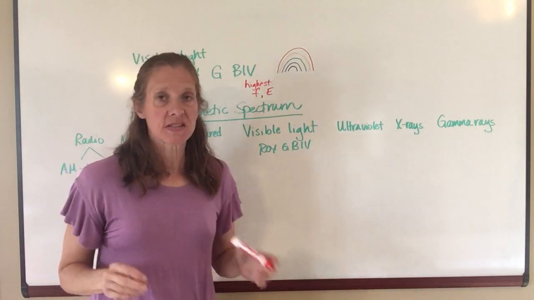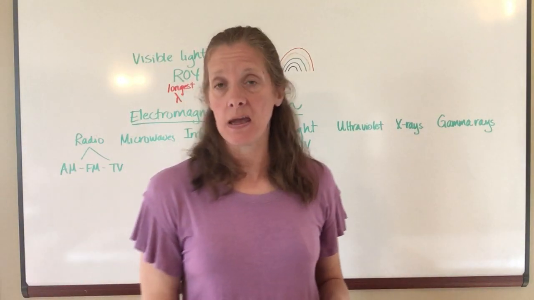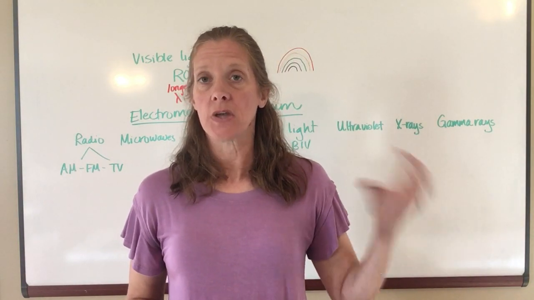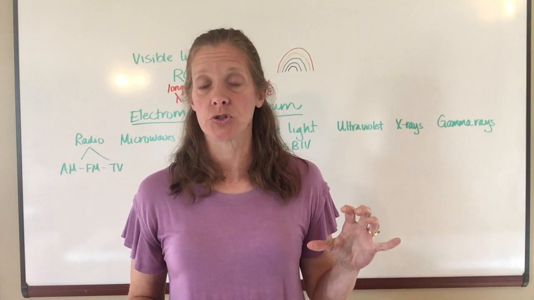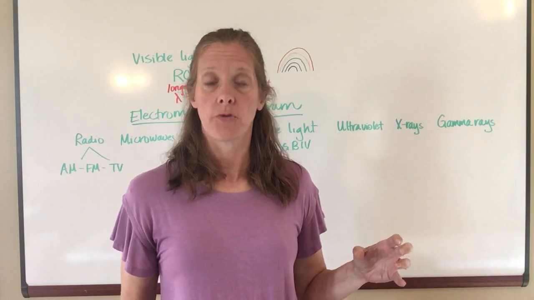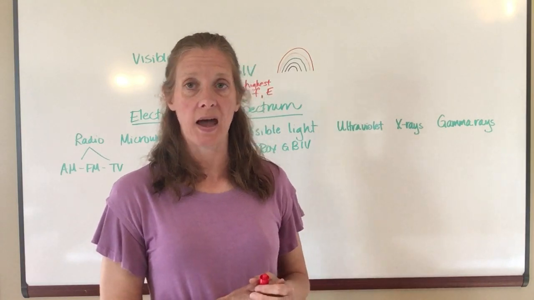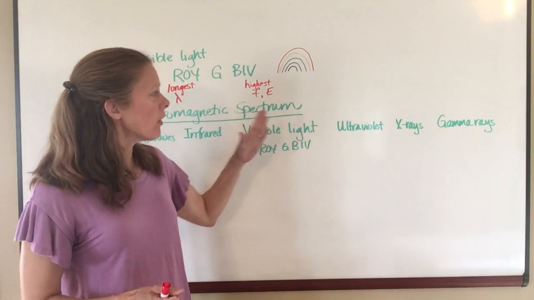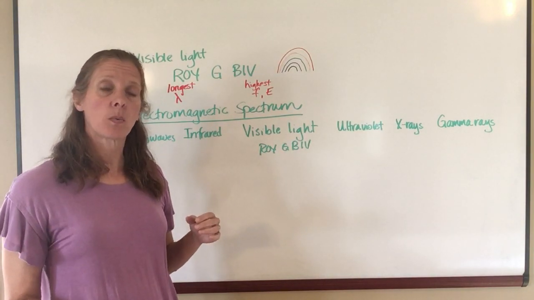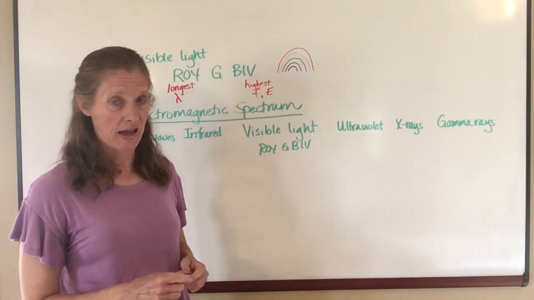Because just like there are sound waves that we cannot hear, like remember we talked about the infrasonic waves and the ultrasonic waves that we are not able to hear because their frequencies are either too low or too high for our ears to be able to detect. There are also frequencies of light, of electromagnetic waves that our eyes cannot detect.